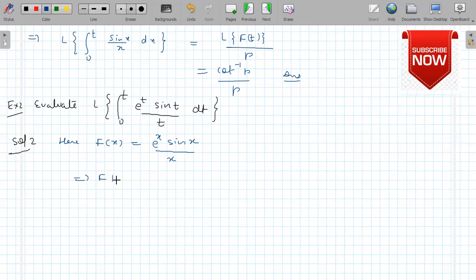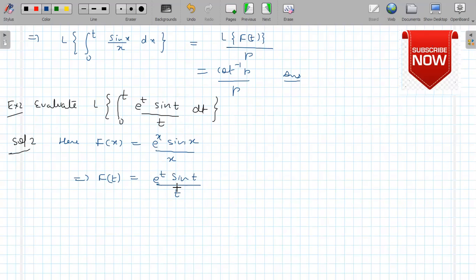So f(t) is actually given here in the form of parameter t. So it is not always assured that the function is given in the form of parameter x or variable x. It may also be given in some other variables. So you should write the value of f(t) always.